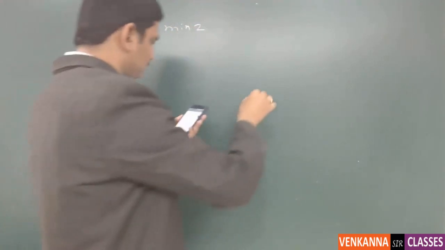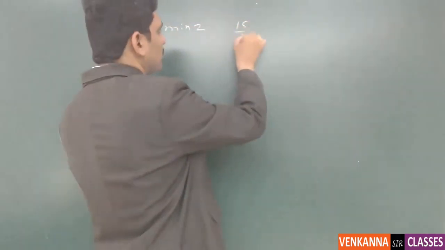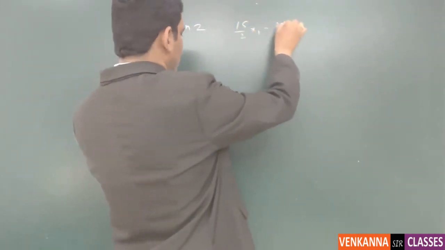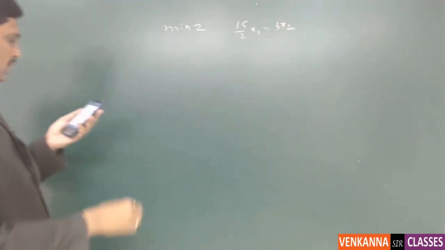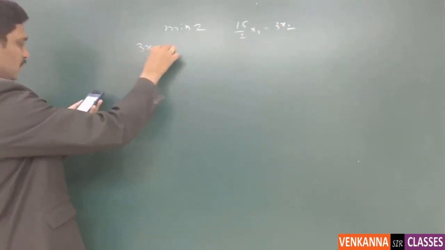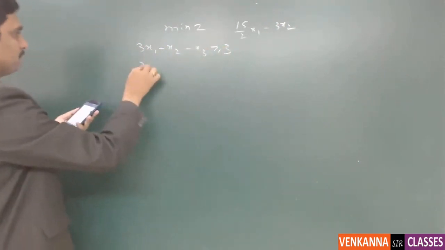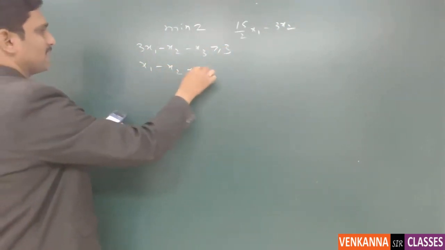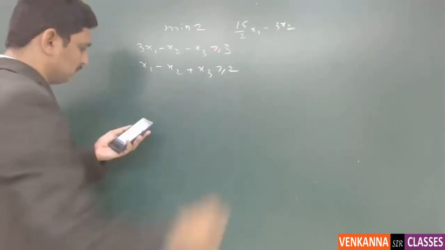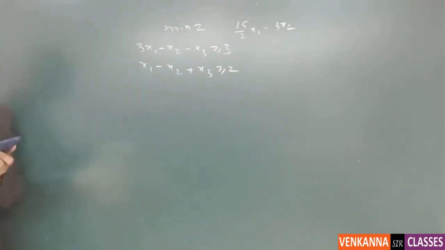Minimum z equals 15 by 2 x1 minus 3x2 subject to the constraints 3x1 minus x2 minus x3 is greater than or equal to 3, x1 minus x2 plus x3 is greater than or equal to 2. Already the non-negative restriction is there, right? This is the problem which is given to me.